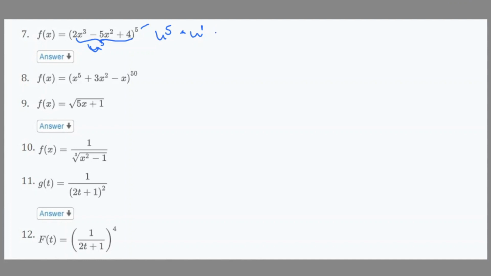So now if we find the derivative of that, that would be 5u to the 4th power multiplied by u prime, which is 6x squared minus 10x. And yeah, that would be our u prime. And now what we need to do is just plug in u and we have our answer.